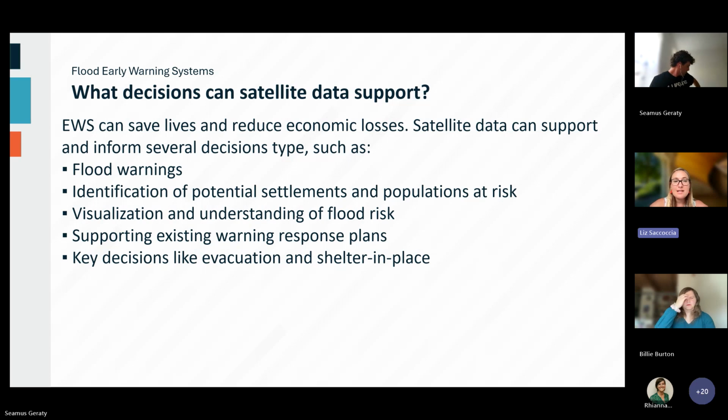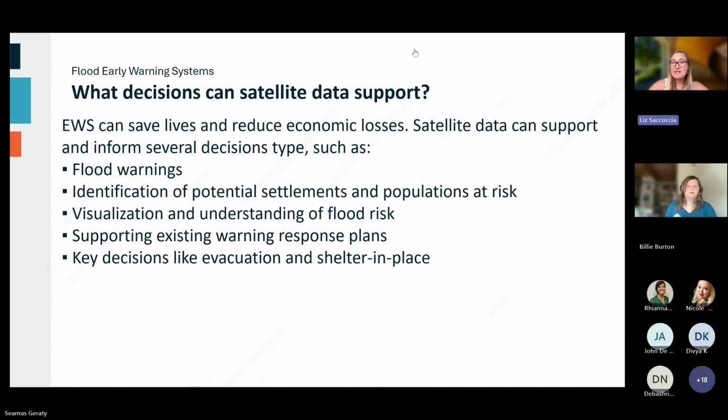So they're not a replacement, but they can assist in providing more coverage to provide data upstream or upwind from local systems coverage. If you're just using local data, knowing right where storms are coming from is incredibly important in flood forecasting. So that's something that satellite data can definitely support with.